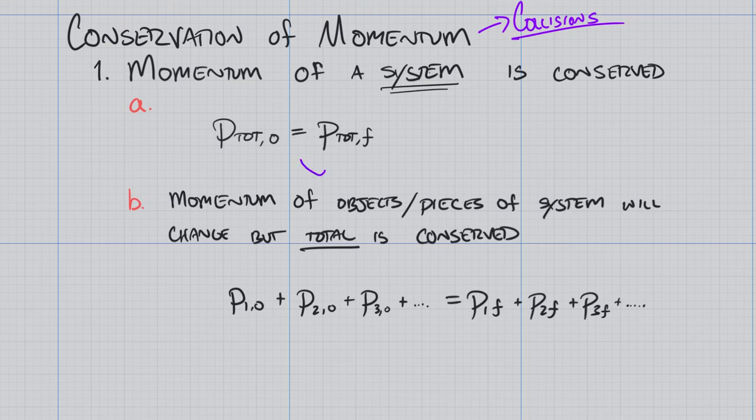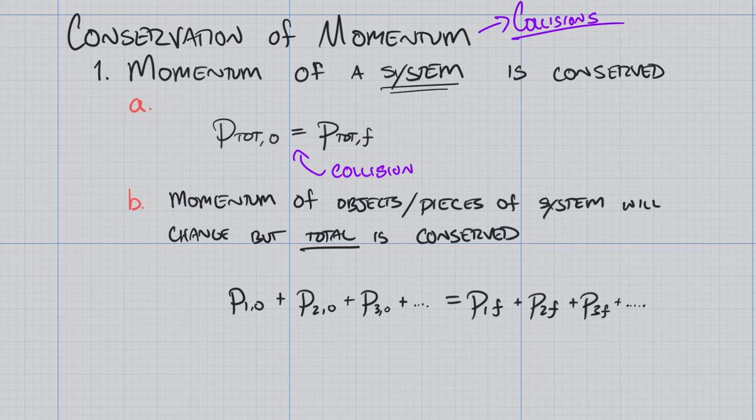We can think of our collision as our equal sign. So our equal sign represents our collision, and whatever is happening before the collision must equal what is happening after. Like I said, the momentum of the pieces of the system will change, but the total is conserved.